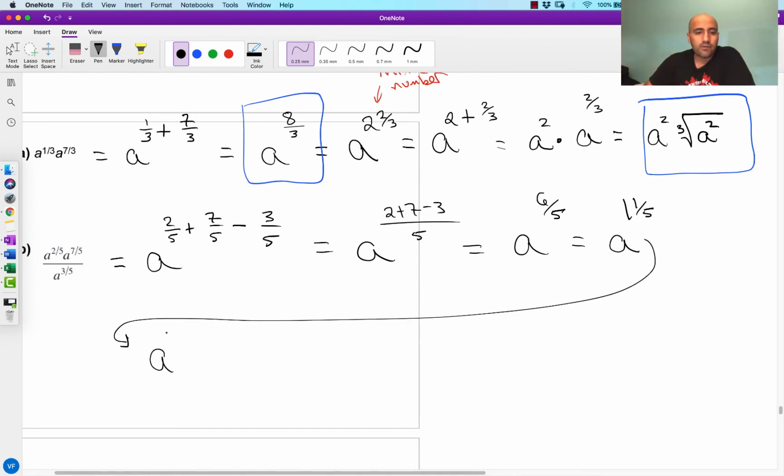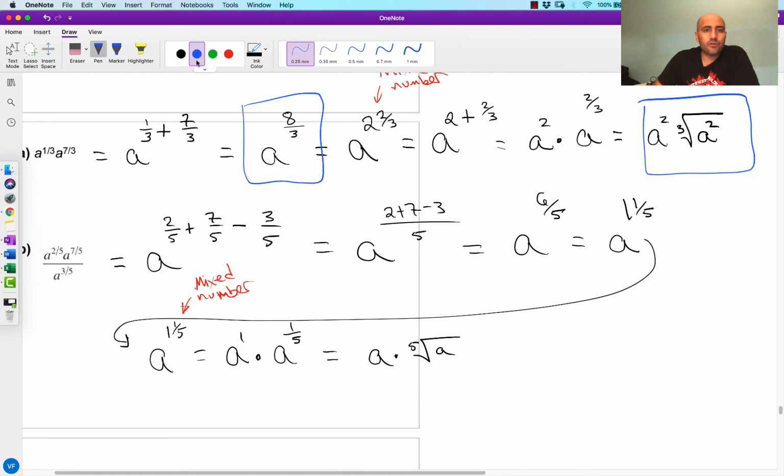We have a to the 1 and 1/5 as a mixed number. So this is going to be equal to a to the first power times a to the 1/5 power, which is equal to a times the 5th root of a.